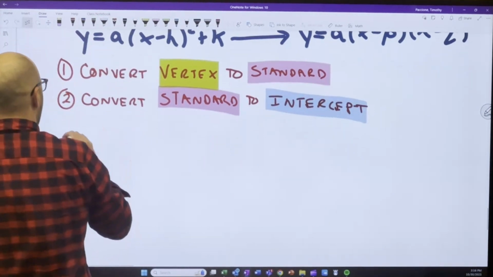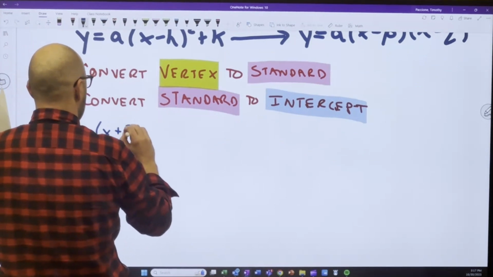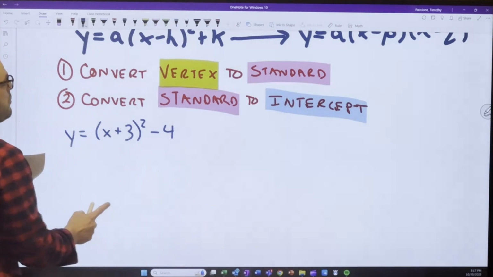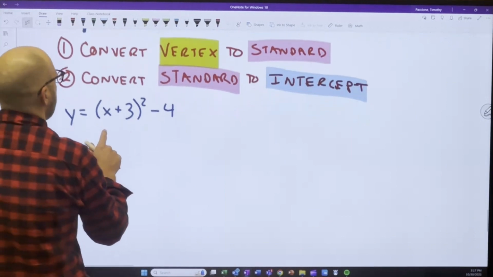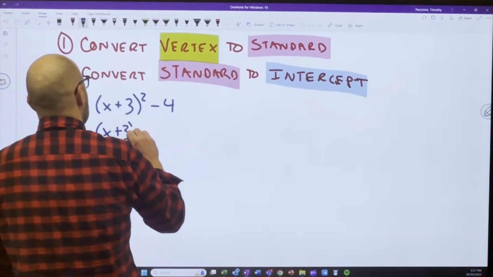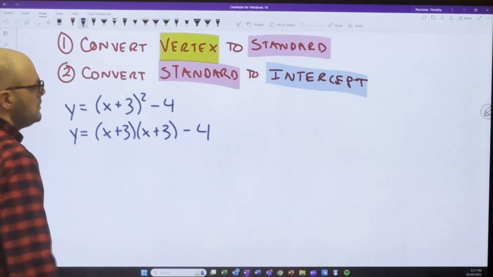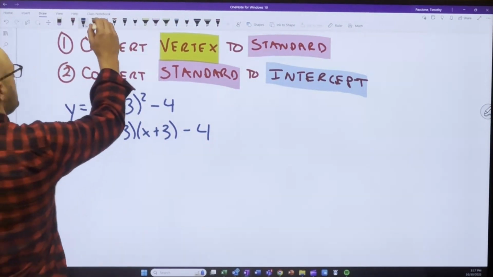Say you have y equals x plus 3 squared minus 4. So I want to get that into intercept eventually, but first I got to get it into standard. So if I remember, to get from vertex to standard, I expand. So this becomes x plus 3 times x plus 3, minus 4. Then I FOIL or box that so I can figure out what that is.